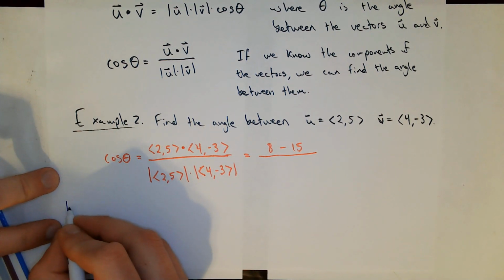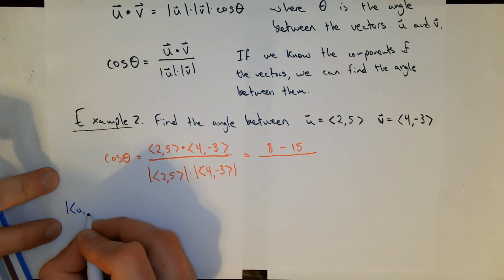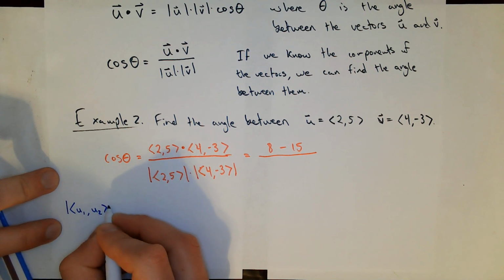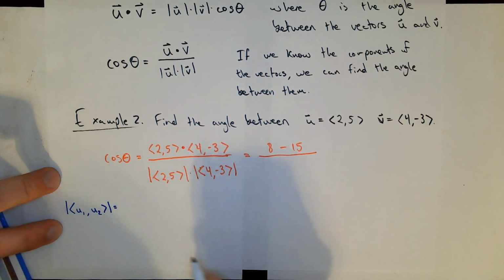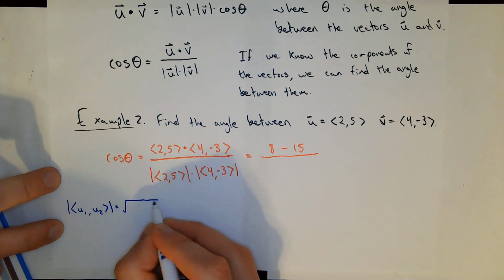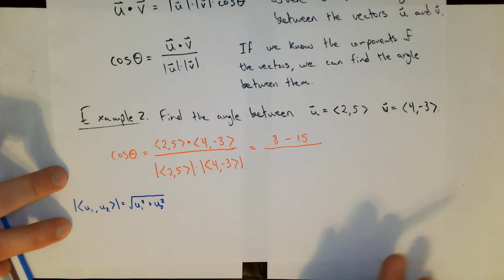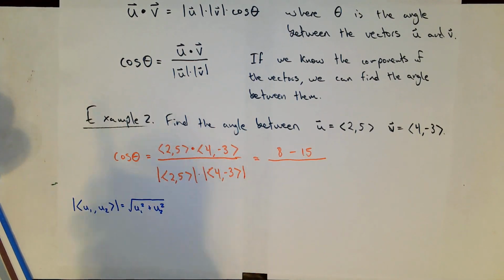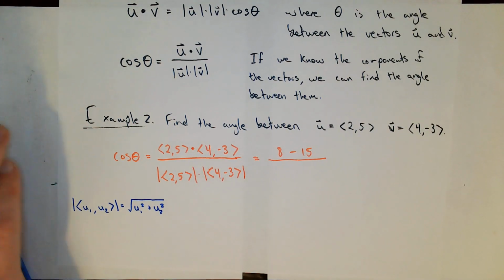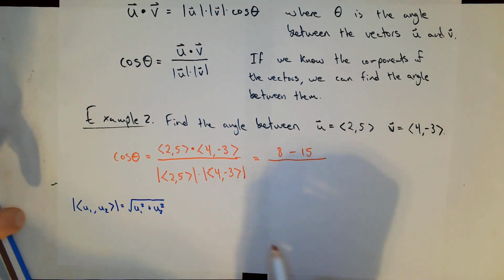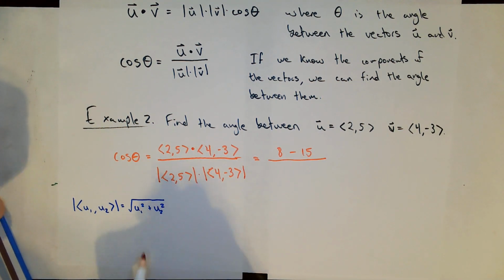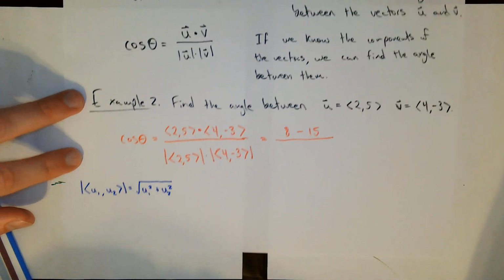The magnitude of some vector u with components u1, u2 is equal to the square root of u1 squared plus u2 squared. So just the sum of the squares of the components under a square root. Pythagorean theorem, that's all it is, acting like these are the sides of a right triangle.